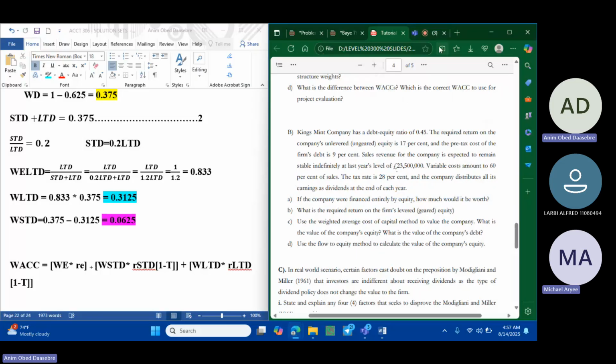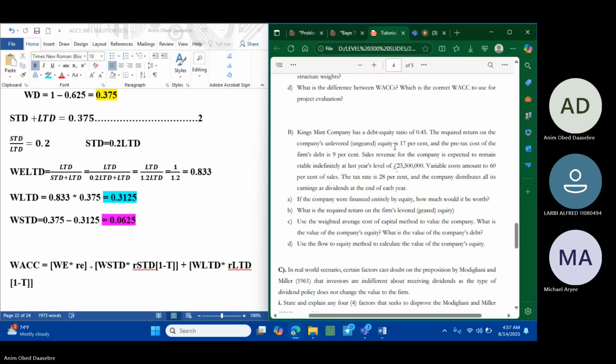What we need to know: to get the equity, the variable cost is going to be 60% of the sales figure. Then you deduct it from the actual sales. Before then, you apply the 28% tax rate.